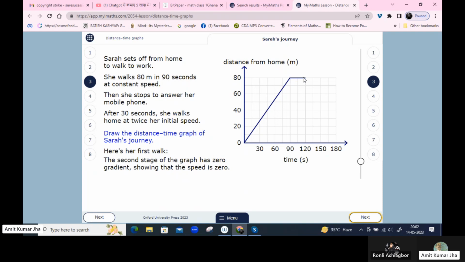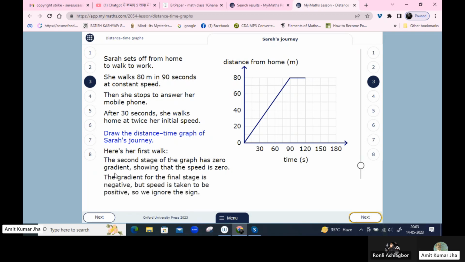From here to here her speed is 0. Why? Because she stopped at 90 seconds, and until 120 seconds the distance is not anything more than 80. That means no distance is moved, she is standing and answering the phone call and not moving. That is shown by a horizontal line.